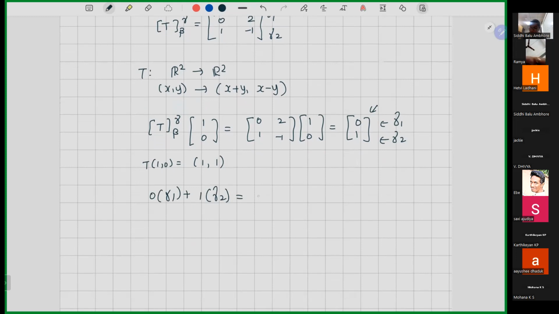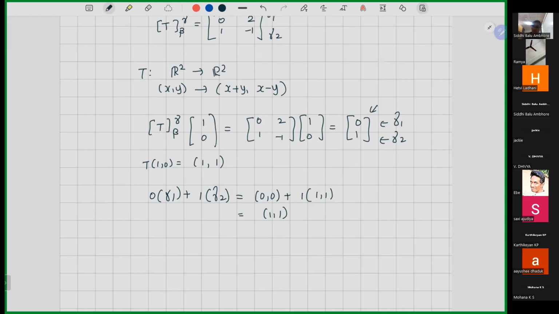Gamma 1 is (1, 0), so 0 times it gives (0, 0), plus 1 into gamma 2, which was (1, 1). And this is (1, 1). So under the linear transformation, the image of (1, 0) is actually giving me (1, 1) again.